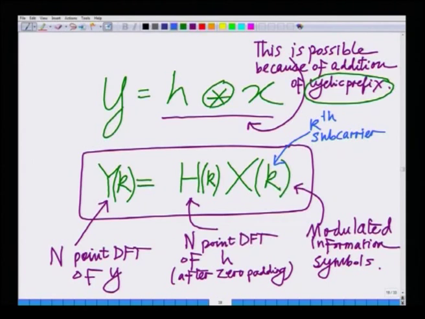What can be said now is that if I take the N-point DFT or FFT at the receiver, I have Yk, which is the received symbol across the kth subcarrier, corresponding to the kth DFT point, equal to Hk, that is the DFT of the channel, times Xk, which is nothing but the transmitted information symbols.